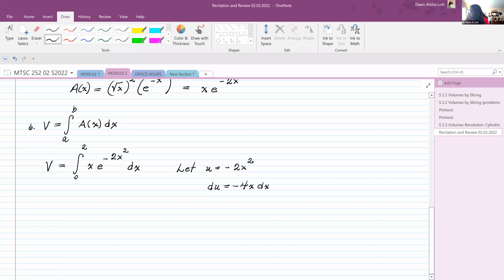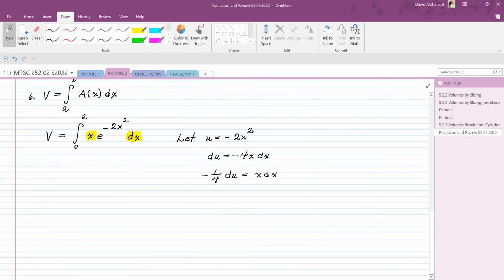Okay, all right, good. And then after that, divide by negative 4x. Do I want the x too, or leave the x where it is? Leave the x where it is, because I have x dx. Yeah, leave the x where it is. Okay, awesome. So now you can substitute.